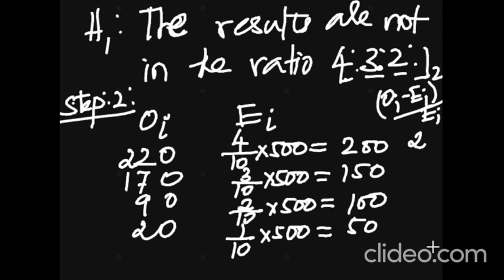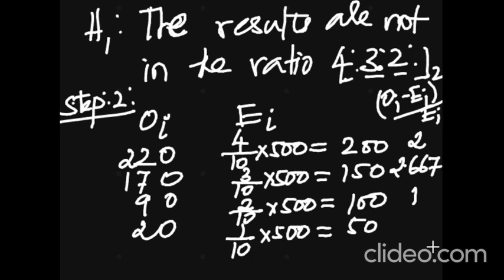And the next one, 170 minus 150, the whole square. So that you will get 20 square again, divided by 150, which is 2.667. And the next one is 90 minus 100, which is minus 10. Minus 10 the square, which becomes 100. 100 divided by 100, which is 1.